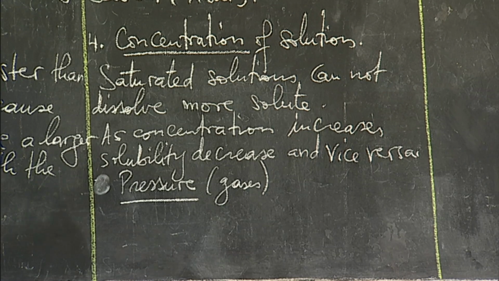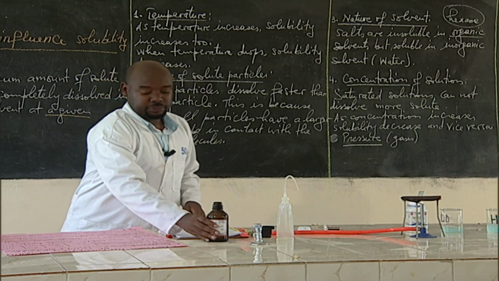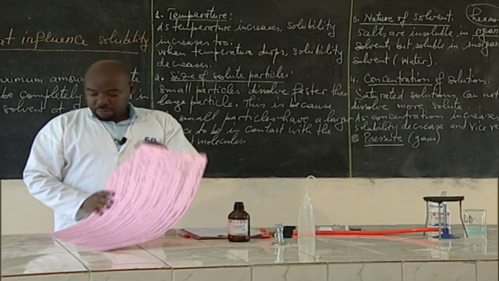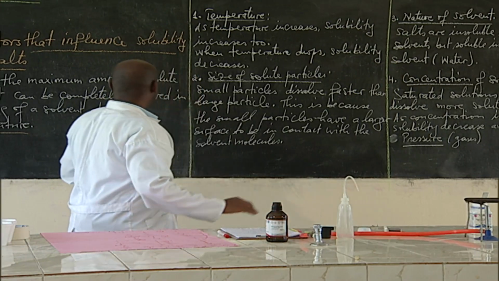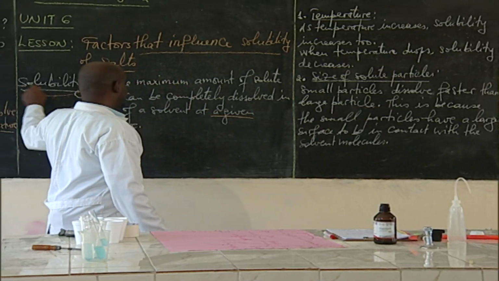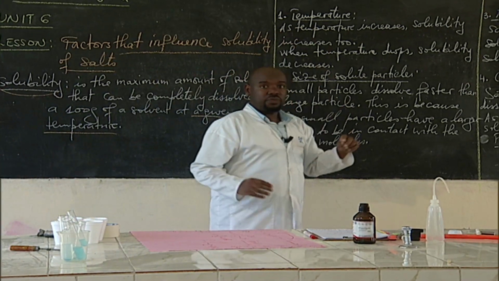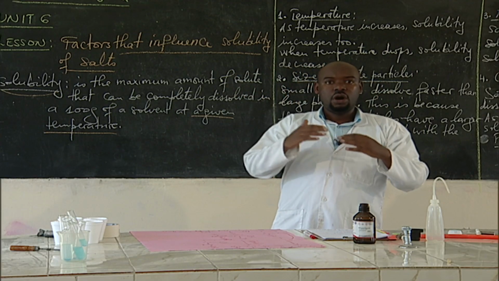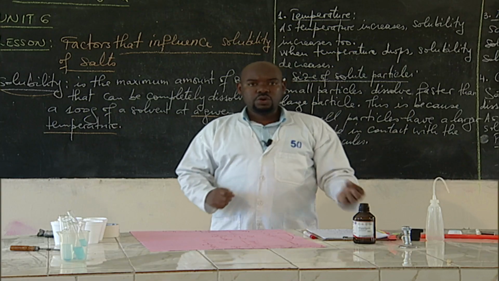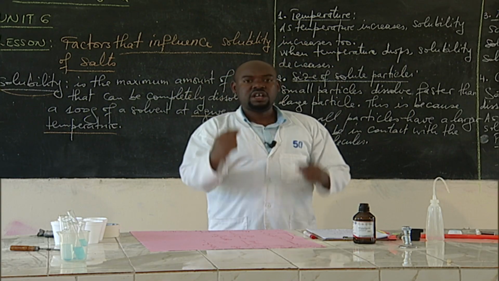Now, before we go to the assignment, let us have a look at the main points you have to remember. Here we have the meaning of solubility. We have discussed this earlier. And for particles, we have temperature. What happens to the solubility of salts when temperature increases, or when it decreases? Increasing temperature increases solubility, and decreasing temperature decreases solubility.